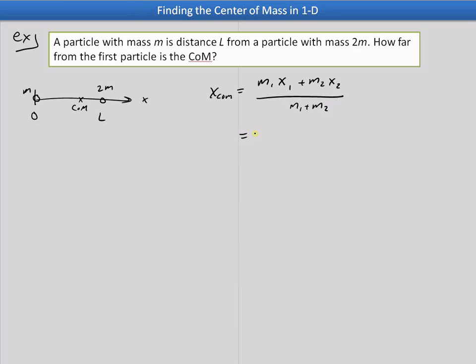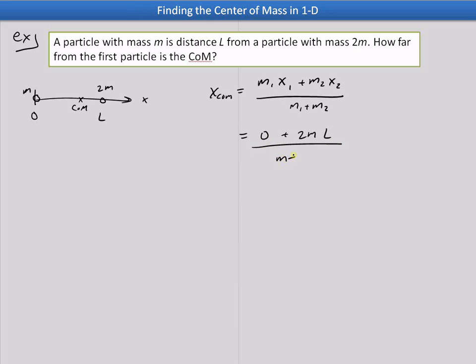Now remember, we put x1 at the origin, and I said that that's a good thing to do. Well, if we think about what's going to happen right here, that means x1 is equal to 0. So our first term is 0, so we don't really have to worry about that. Our second term is going to be equal to 2m, because m2 is equal to 2m, times capital L. And then we divide that by the sum of masses.